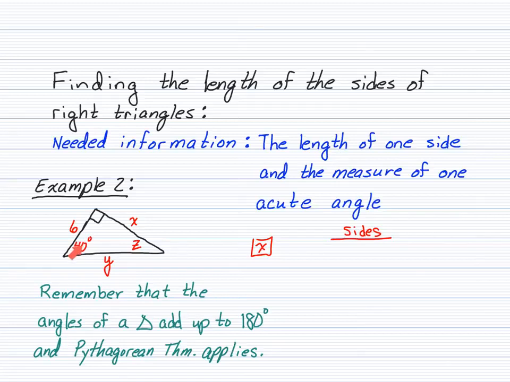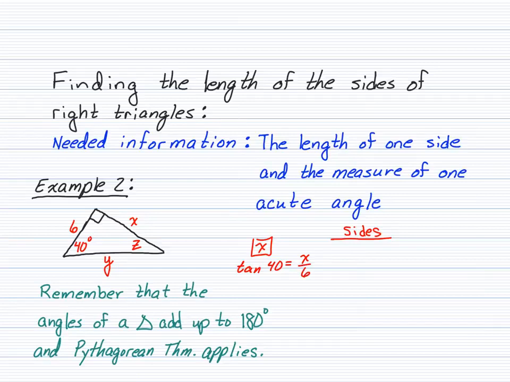For this angle, x is directly across from it, so x is your opposite side and 6 is your adjacent side. Well, opposite and adjacent tells us that we need to use the tangent function. All right, so that means the tangent of 40 degrees is equal to opposite, which is x, over adjacent, which is 6.